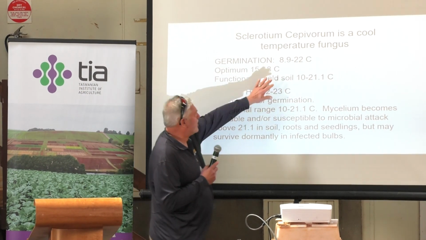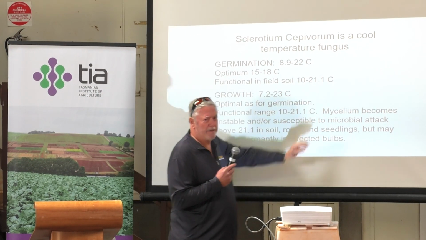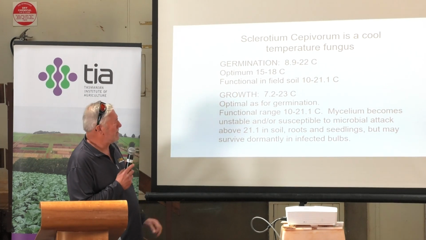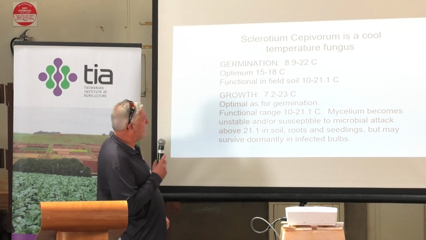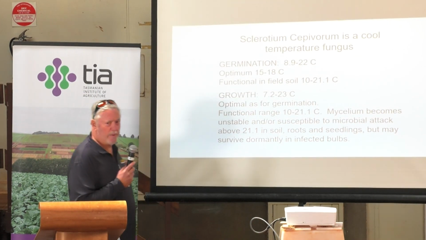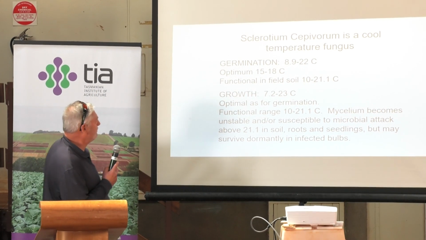But functionally, it's a little more restricted than this. At the higher end, it seems like it's not very competitive. It gets eaten by other things as it nears its upper temperature limit. And below about 10, it's just so slow that we ignore that in terms of modeling its activity in the field.